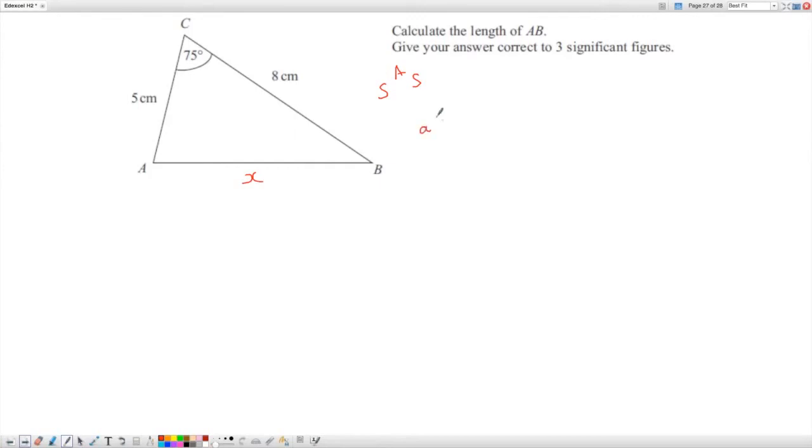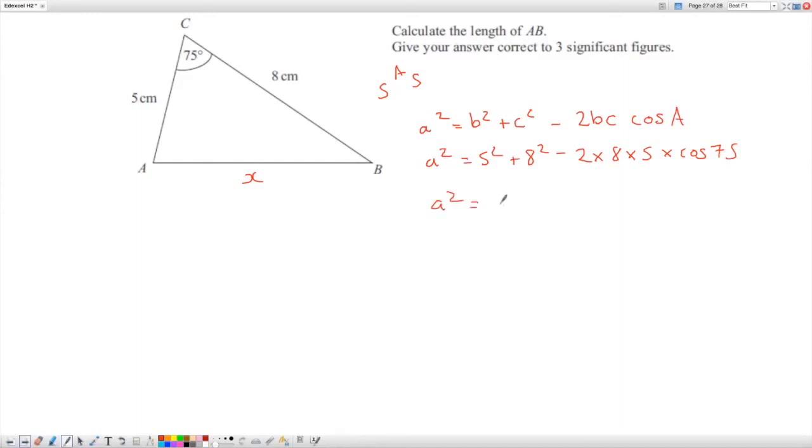So using our cosine rule, we can find a squared is equal to b squared plus c squared minus 2bc cos A. It doesn't matter too much about the way you label up. The cos part will be the angle, and a and b will be our two sides. So a squared is equal to 5 squared plus 8 squared minus 2 times 8 times 5 times cos 75.